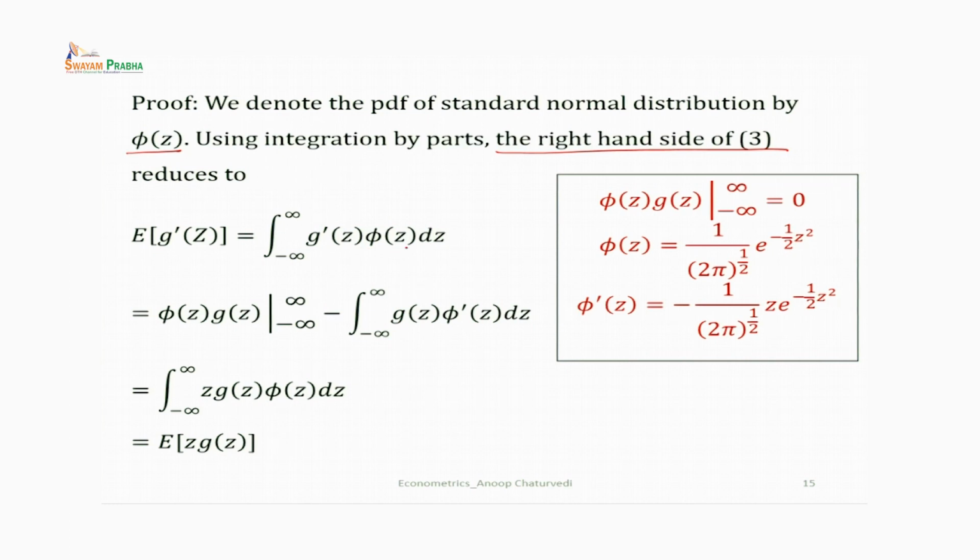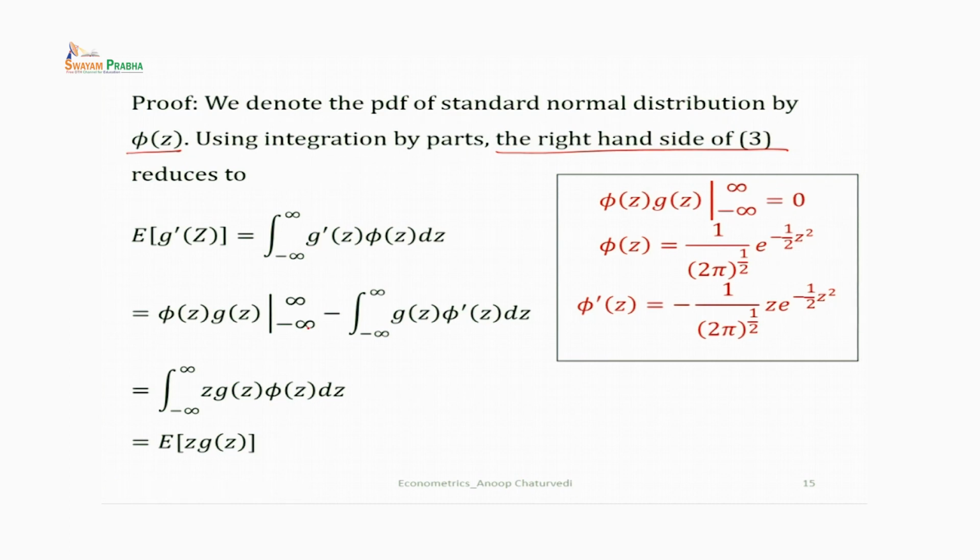We multiply G dash z by the PDF of z, and then we integrate, and then we integrate by parts. So, you take phi z here, integrate G dash z with respect to z.